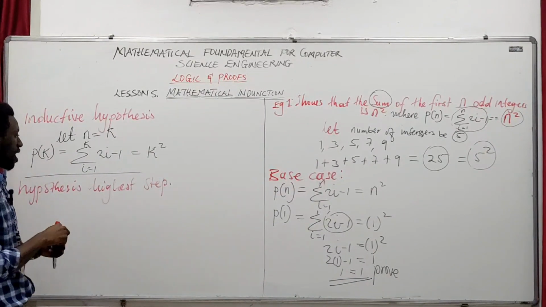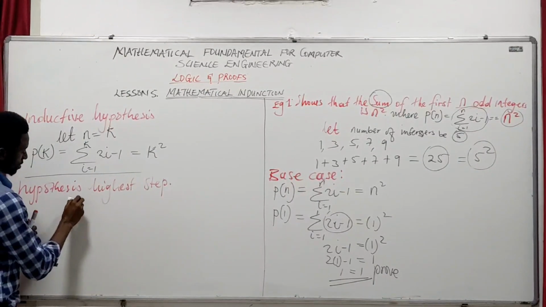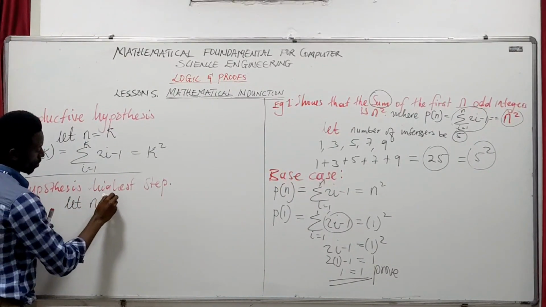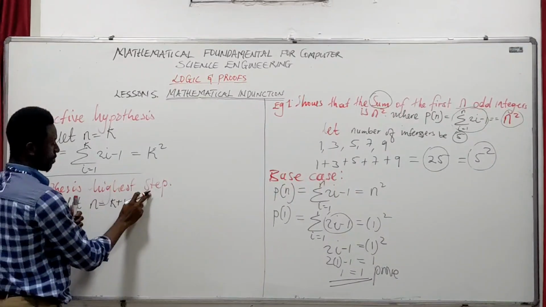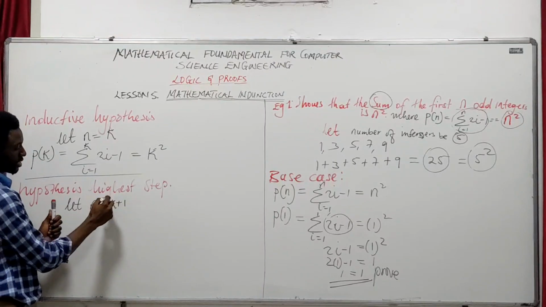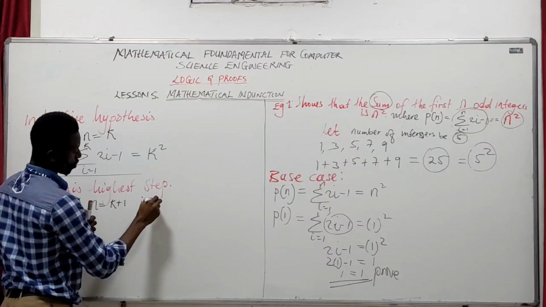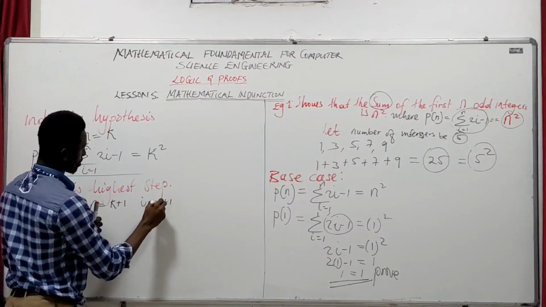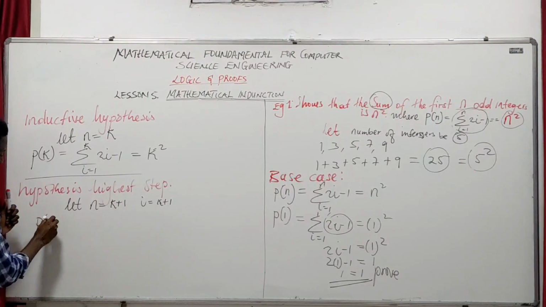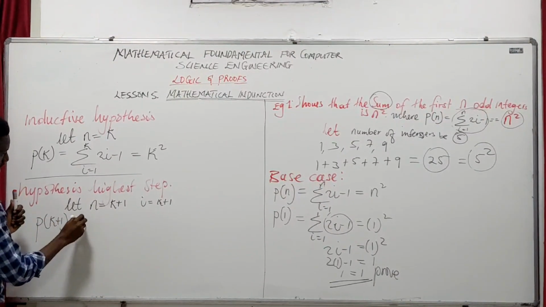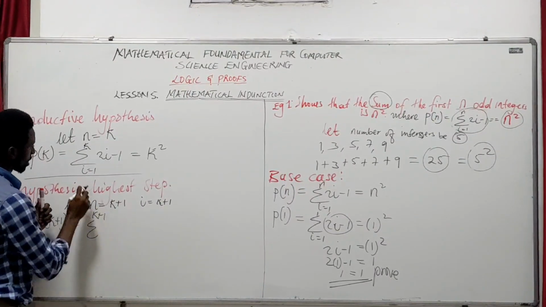Okay, so now let's see here. We let n equal k plus 1, because they said highest step. We increase this one by 1. Then I again is equal to k plus 1. So in this equation, P of k plus 1, now we need the summation of k plus 1.